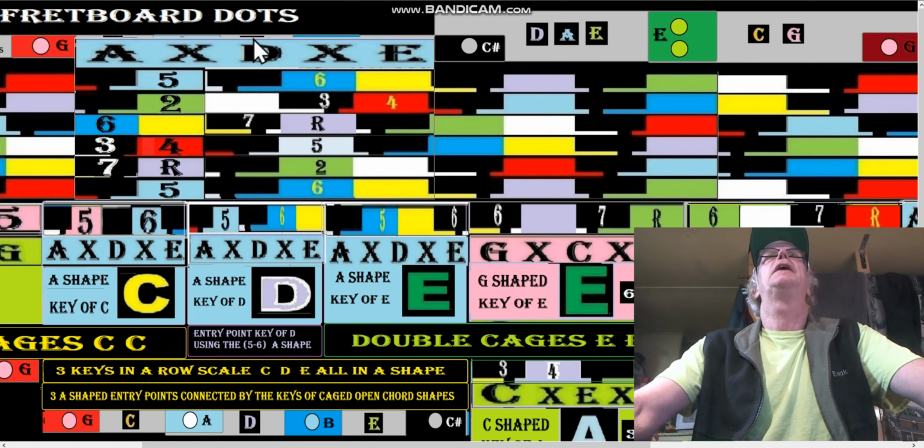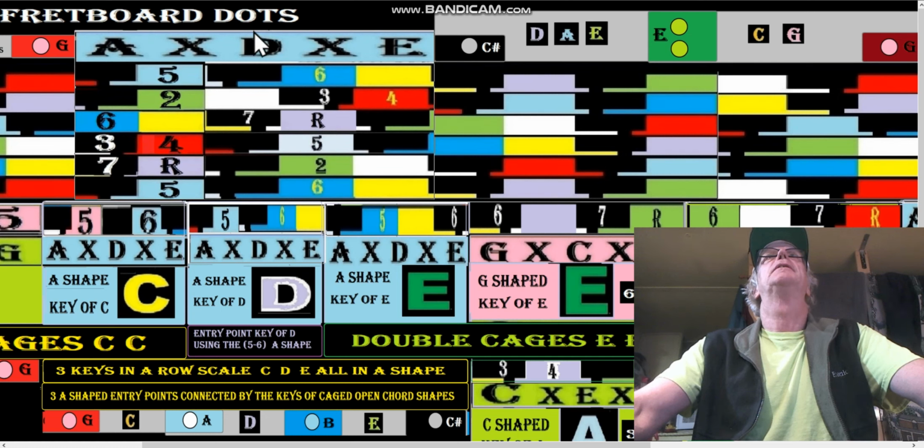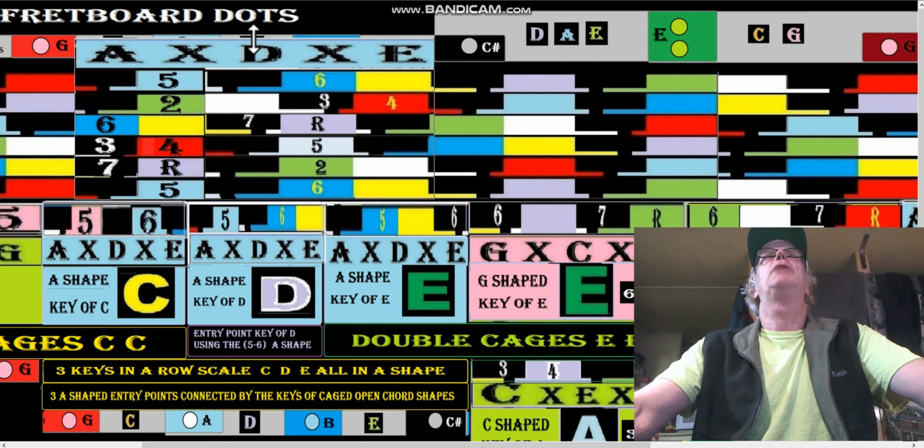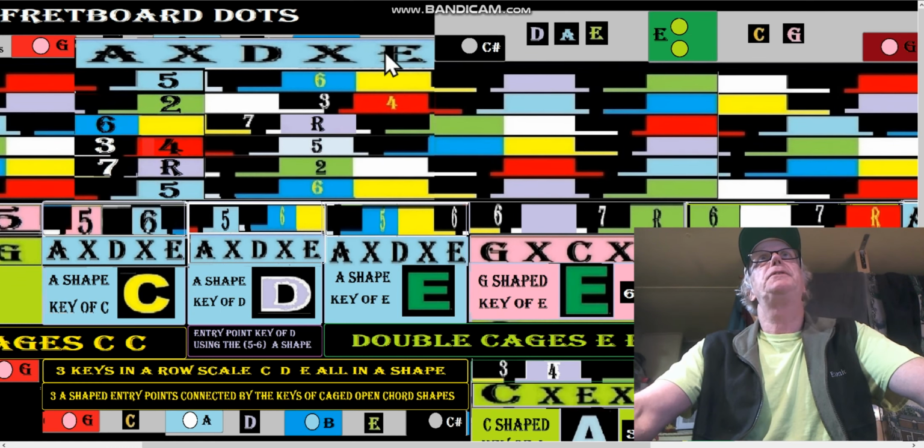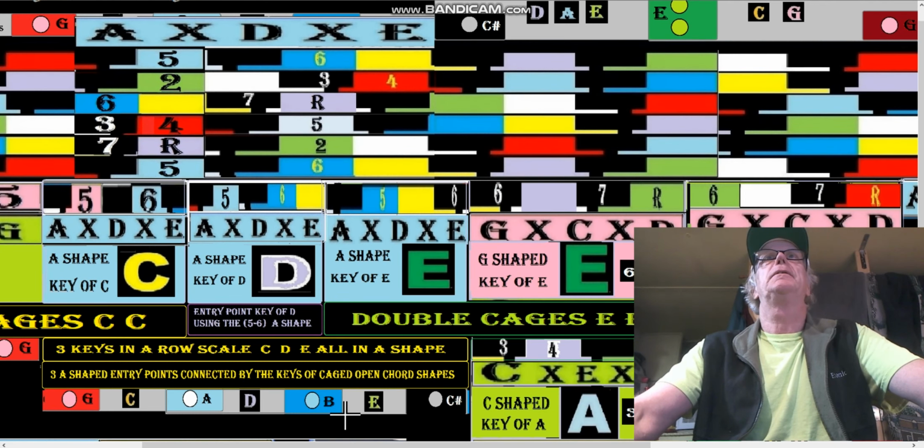We're going to lose our dots there, but we have them over here underneath. So that would be fitting that right there. That is our tri-pentatonic ADE CAGE.